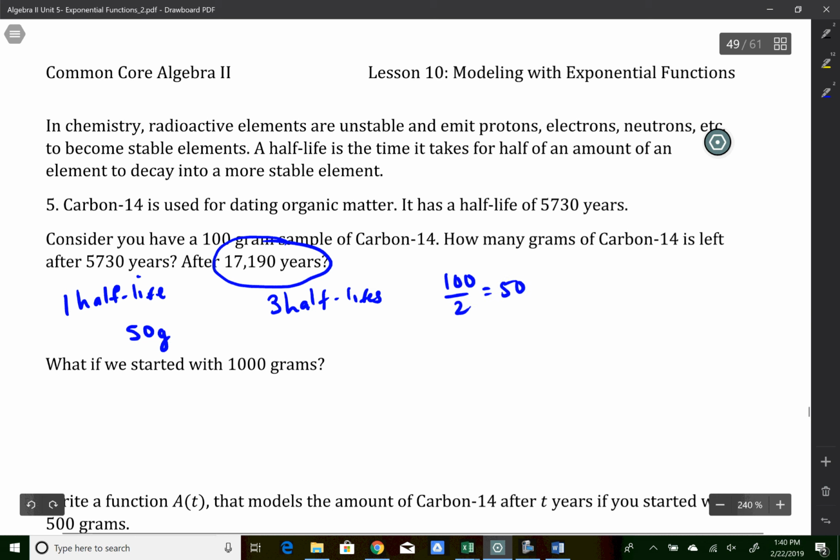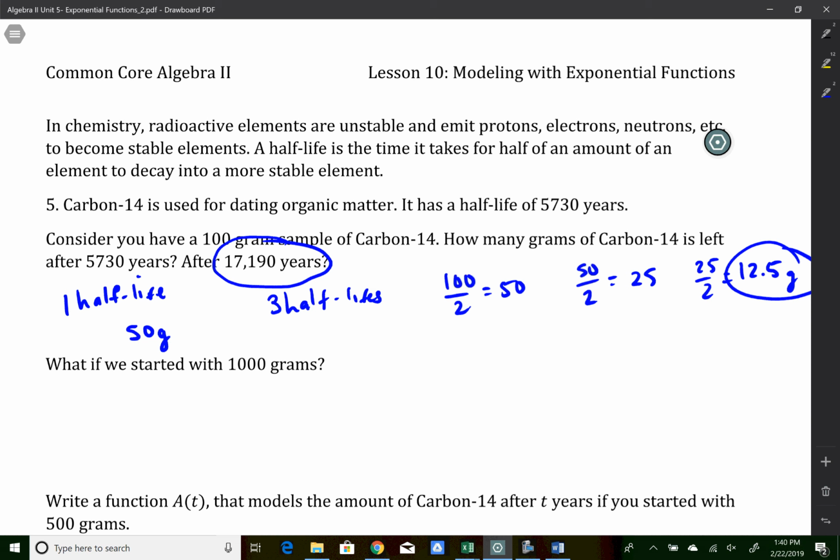That's 1 half-life. We're then taking 50 and dividing it by 2. That's 2 half-lives. We're then taking 25 and dividing it by 2 for the third half-life of 12.5 grams. Notice we're repeating the same thing every single time. What are we doing every single time, right? We're dividing by 2, right?